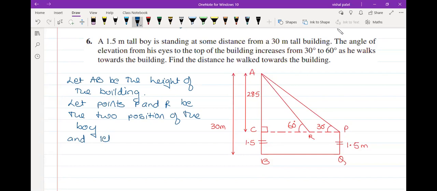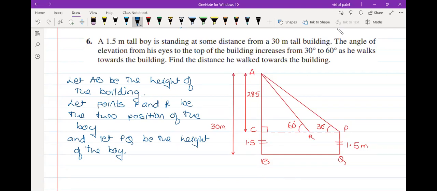Okay, so I'm writing maximum what I can. So the main things were the height of the tower, the building, the height of the boy, and the two positions of the boy, that is at point P and point R.